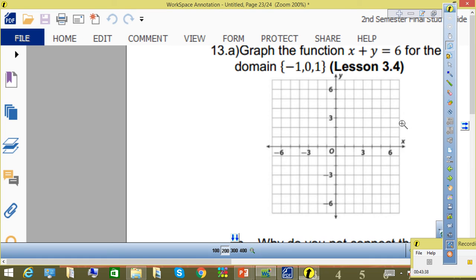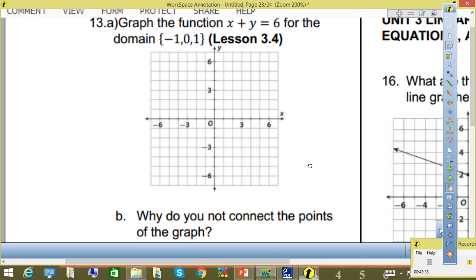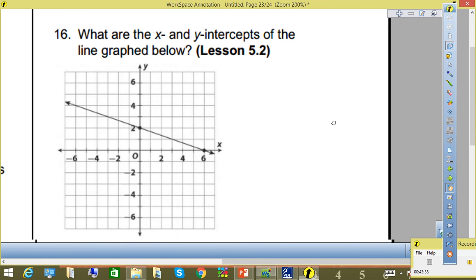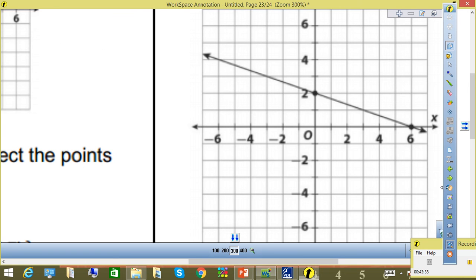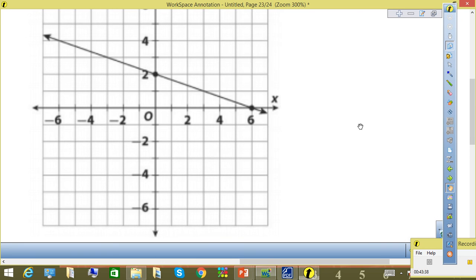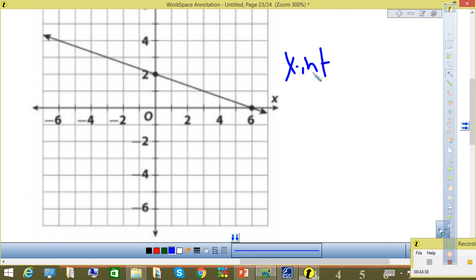Let me zoom in. It says, what are the x and y-intercepts of the line graph below? So let me zoom in a little bit more so that you can see from back there. So, the x-intercept, I want it in coordinate form.